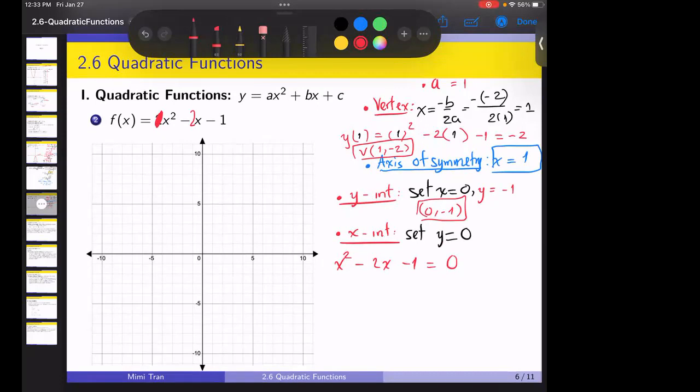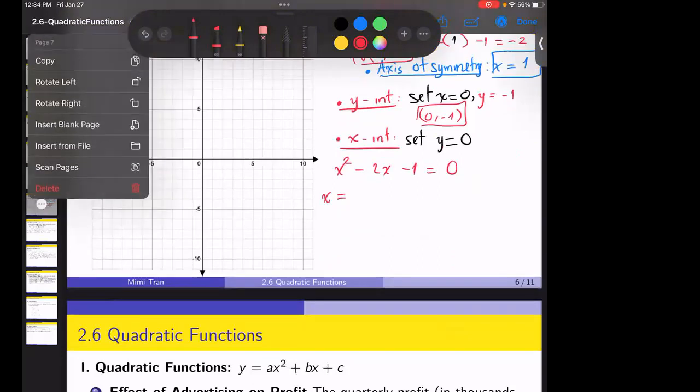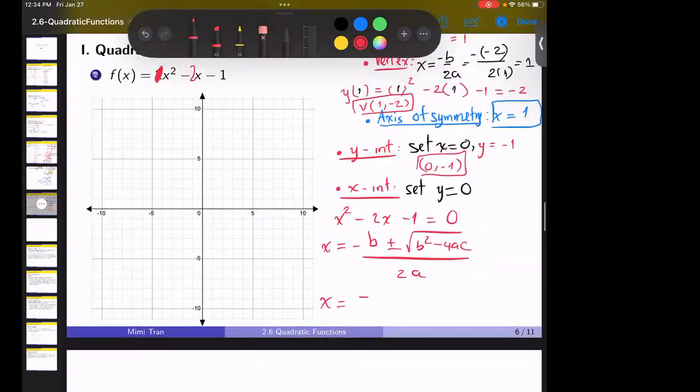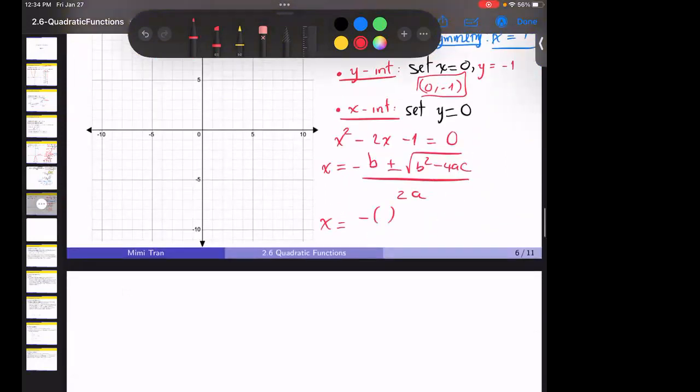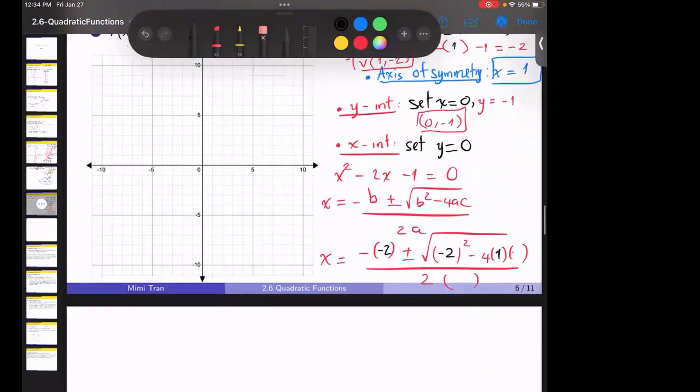So quadratic formula again. B is -2. I'll do it like that so I don't make a mistake. A is 1, C is -1.